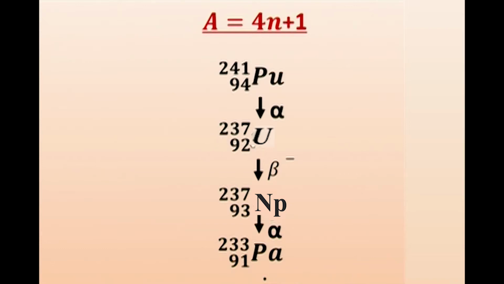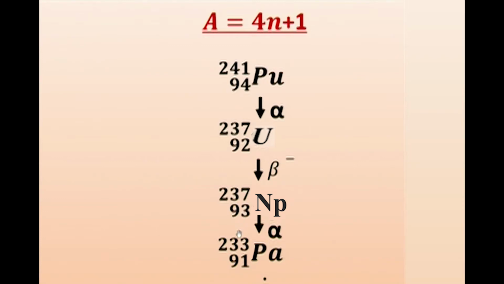Again, if you see 237, if you divide by 4, there is remainder 1. So, all the elements in this naturally occurring series will have only A equal to 4n plus 1. Uranium is again not stable; it emits a beta minus particle and goes to neptunium 237, and the atomic number goes from 92 to 93.